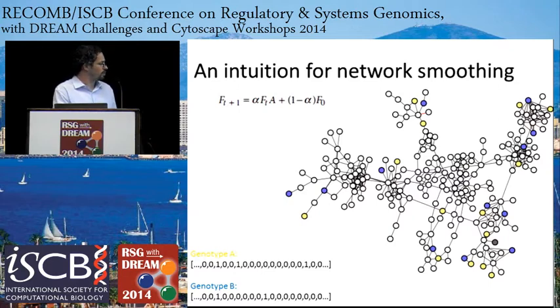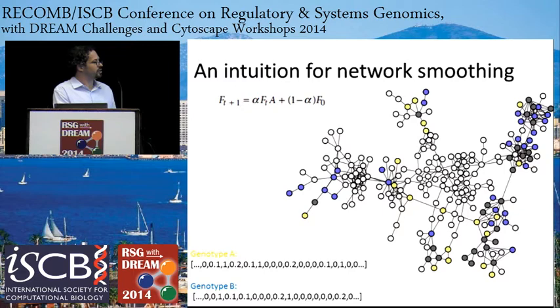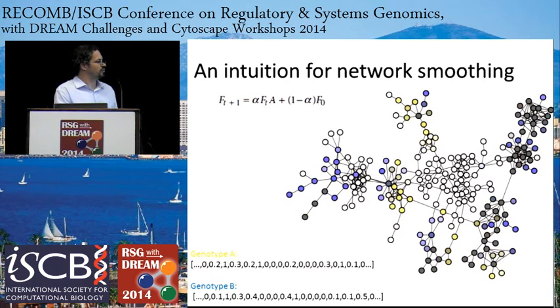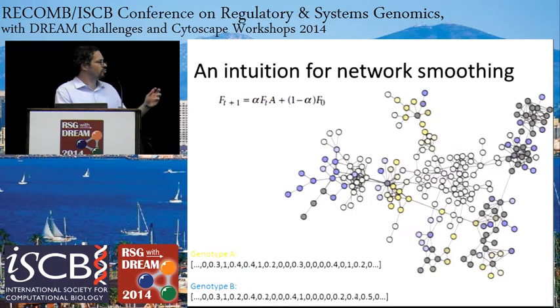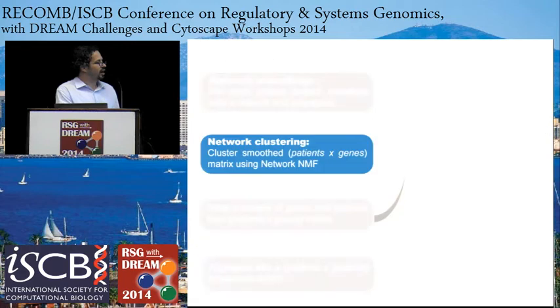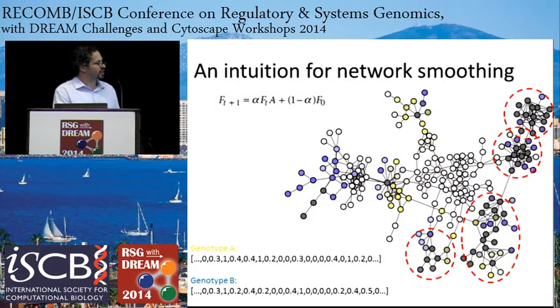So here we have genotype A in yellow and genotype B in blue, right? And they are discrete and sparse. And we use this technique to basically see what is the network region around each one of these mutations, right? And what you see is that there are regions that sort of become highlighted. And now, instead of the sparse vectors we had before, we sort of have dense vectors that have a lot more elements to compare.